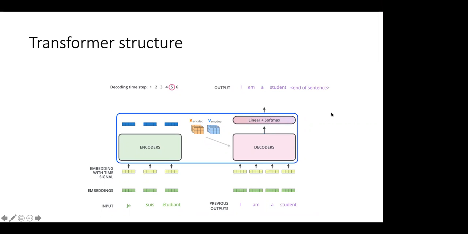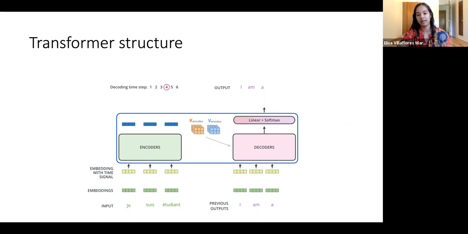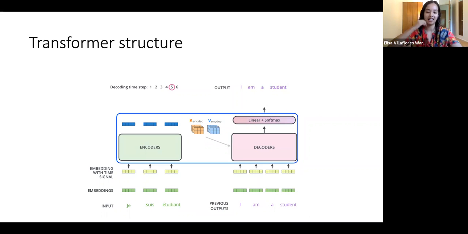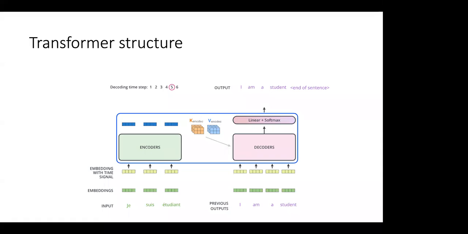Let's say the second word was outputted incorrectly. There is no mechanism for back propagation, correct? It is what it is. Basically, this is in testing, so we haven't talked about training yet. But in testing also, if your first prediction was incorrect, then the next prediction is likely to be incorrect too.